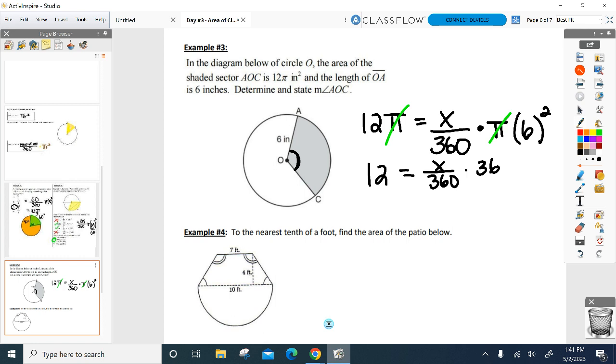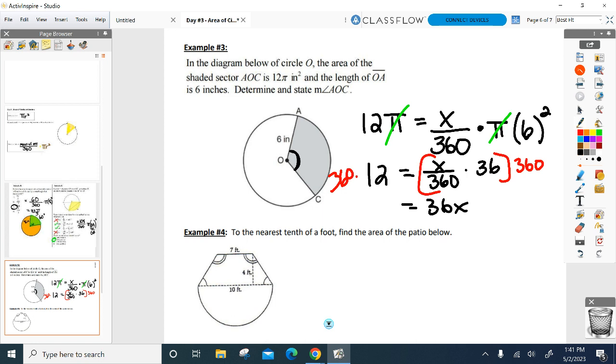Oh, 18? Okay, that's fine. If anybody wanted to divide by 36, you could as well. All right, I'll multiply by 360 to get rid of it. Oh, that's a large number. So I have 36x equals, I'm not even going to try, 4,300.